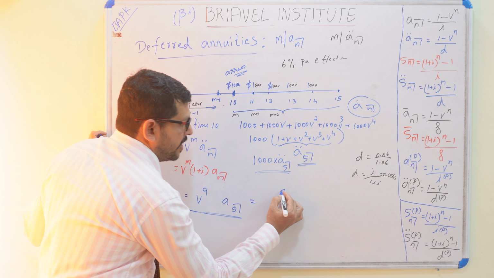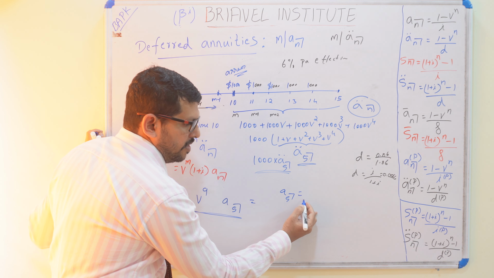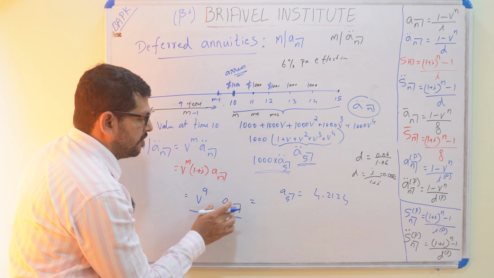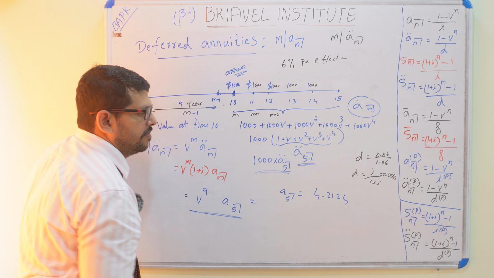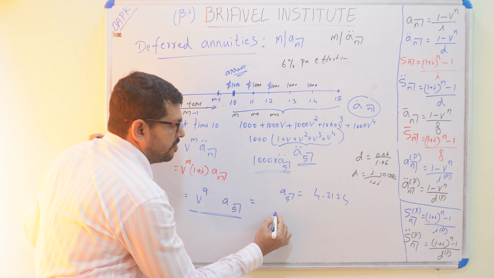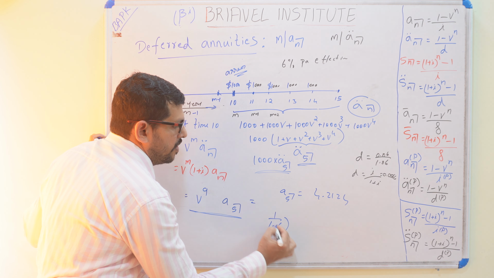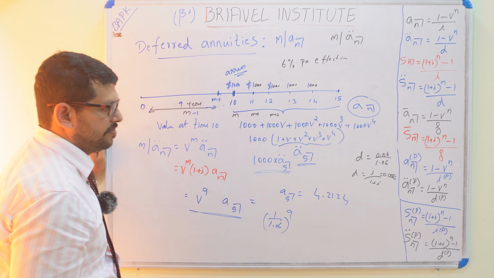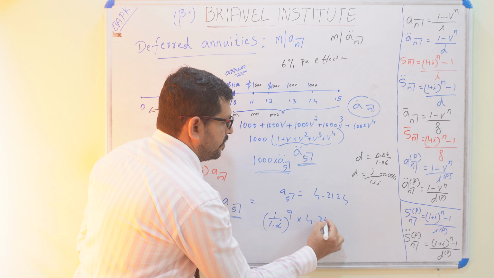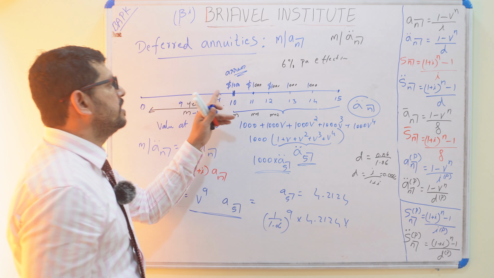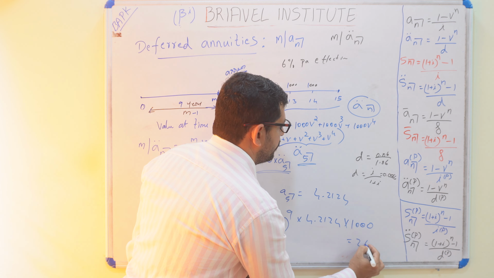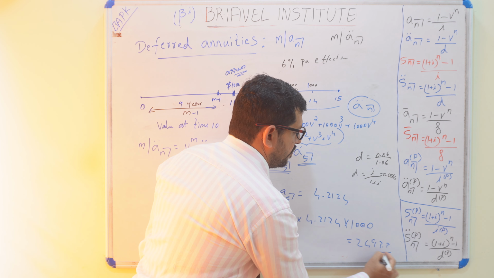We know that a5 is equal to 4.2124, which we directly get from the table. So a5 is 4.2124 and v raised to 9, that is 1 divided by 1.06 all raised to 9. We multiply with 4.2124 and the payment is 1000. So we will again get 2493.3.